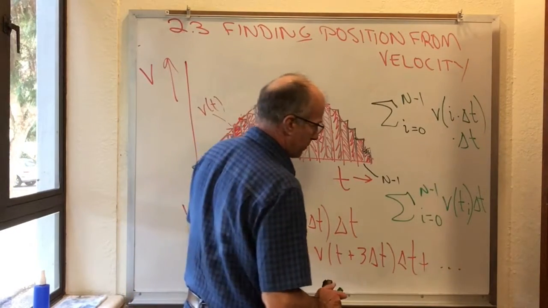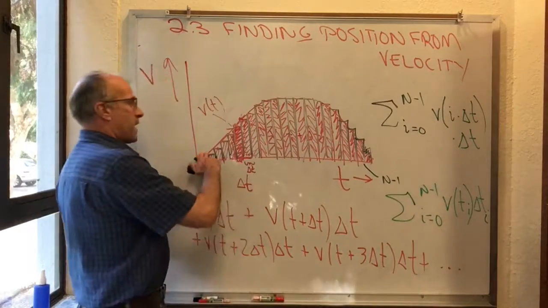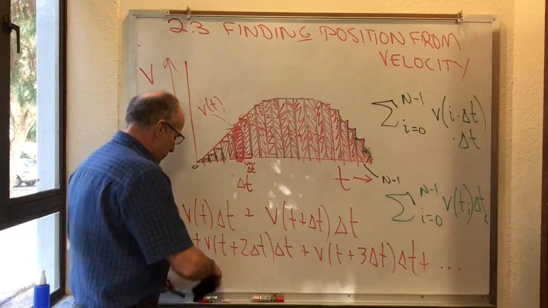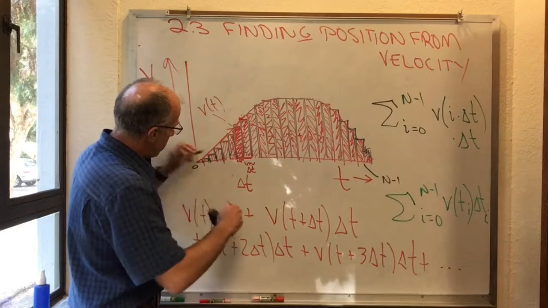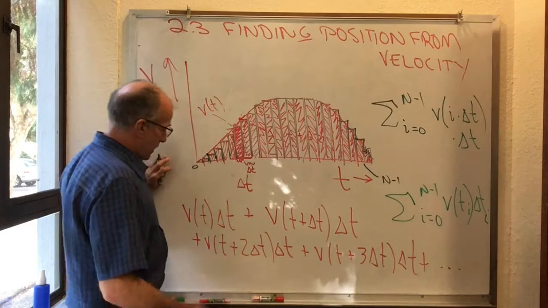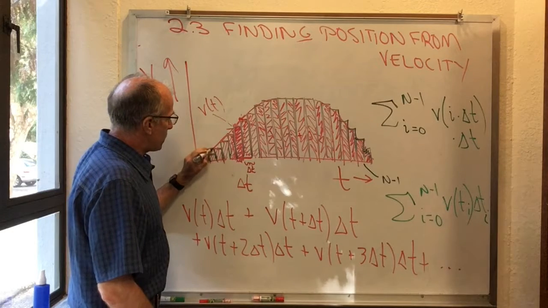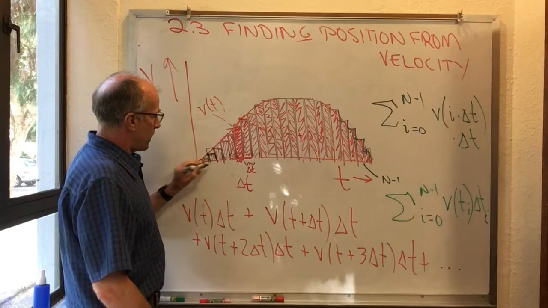You don't have to assume that. You could make these delta t sub i's anything as long as you make them sufficiently narrow that the little error that you've made right here, you see these little errors? See right here I used v at t, I used the little left edge. If I'd used the speed at the right side, I would have had that area instead of that area.